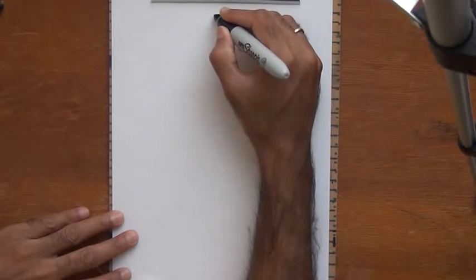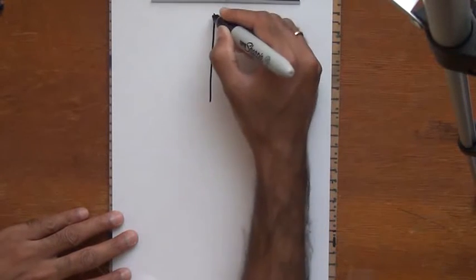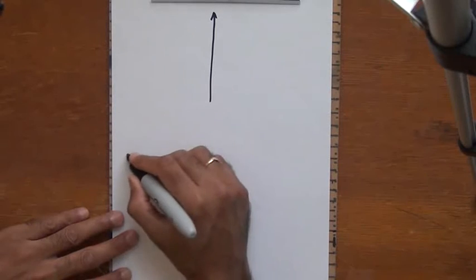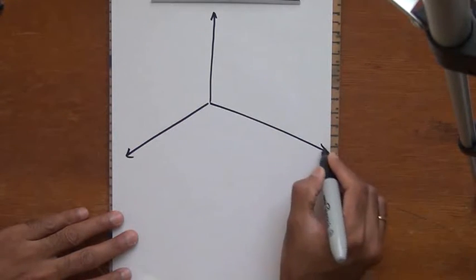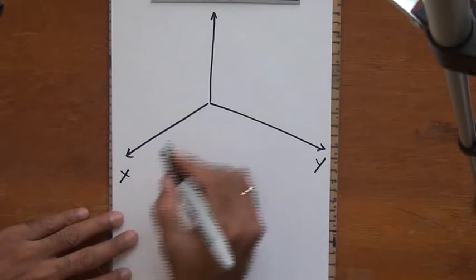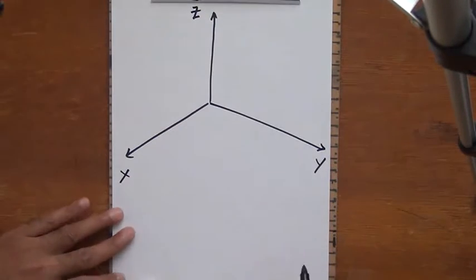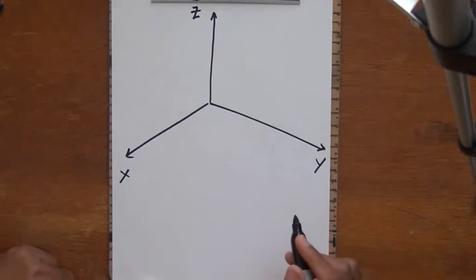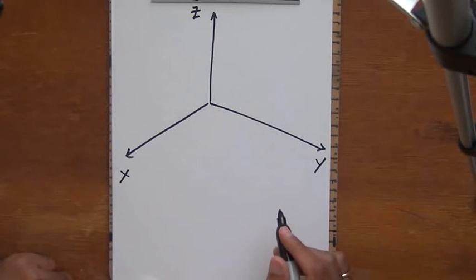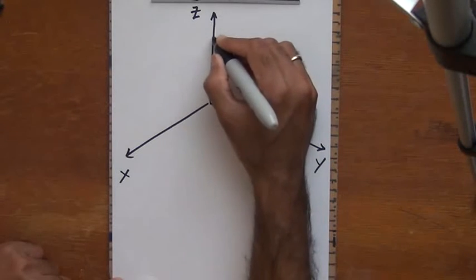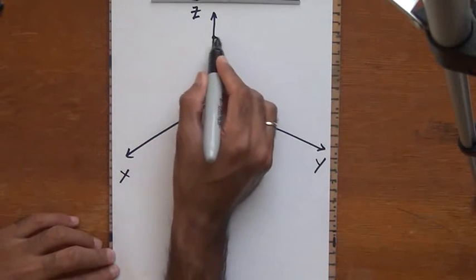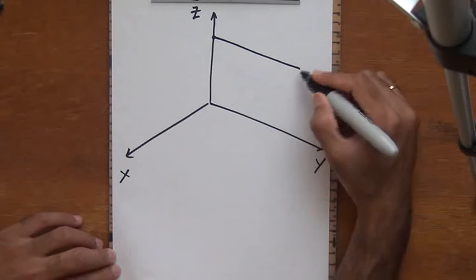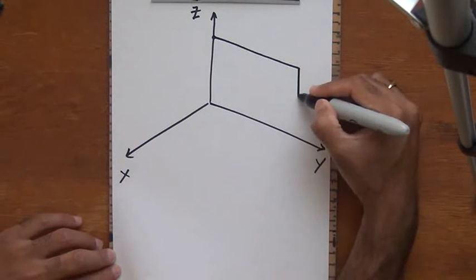Alright, so once again my typical coordinate system x, y and z. So this is z, this is x, and this is the positive y-axis. And then I have this line from the point C to the point B, and then from the point B to the point A, this L-shaped line, as I'm going to draw here, parallel to the y direction, and then this comes down a little bit.